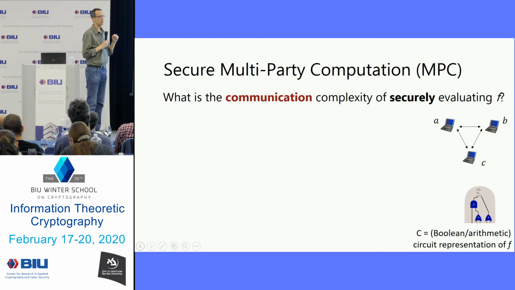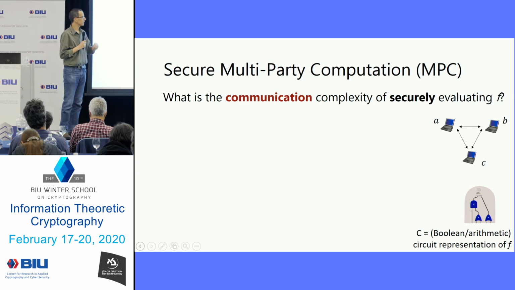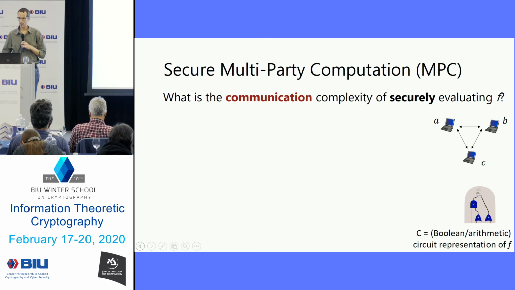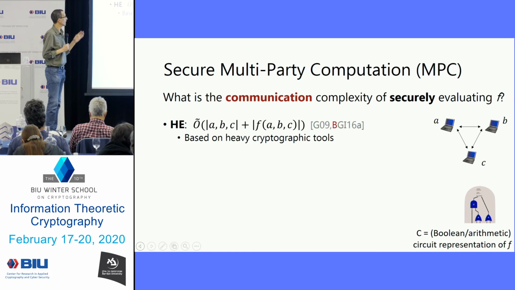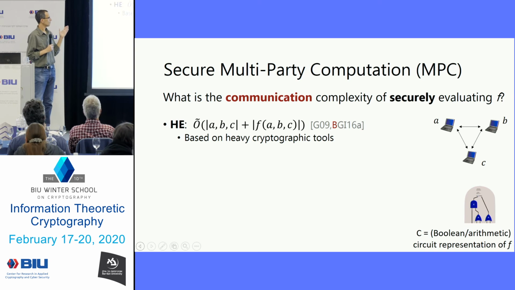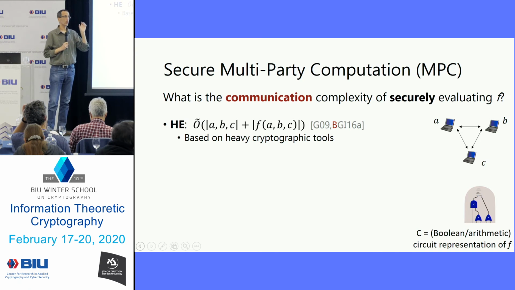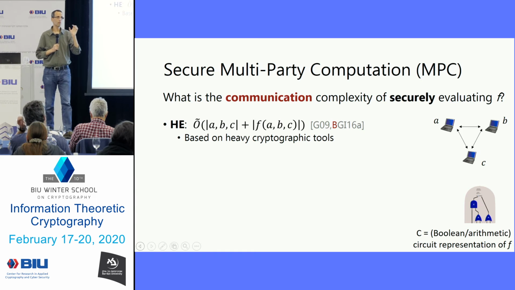So, what is the communication complexity of evaluating F? We have some circuits, where the parties have circuits evaluating the function F, and we have several different approaches to run this. One is by using homomorphic encryption. So asymptotically, the cost is low.